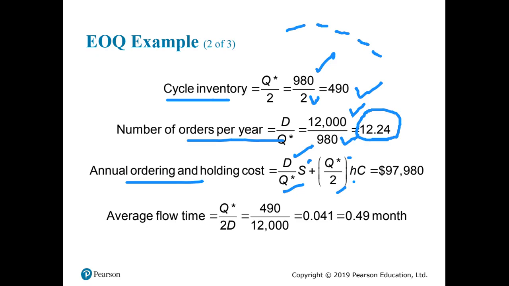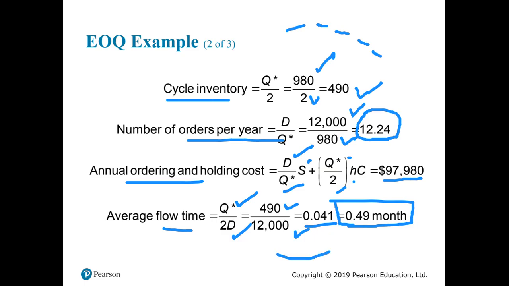Average flow time will be the economic order quantity divided by 2D, so 490 divided by 12,000, which is 0.041, which is going to be 0.49 month. So average flow time is how the inventory flows in the system, and how we are going to need fresh inventory.